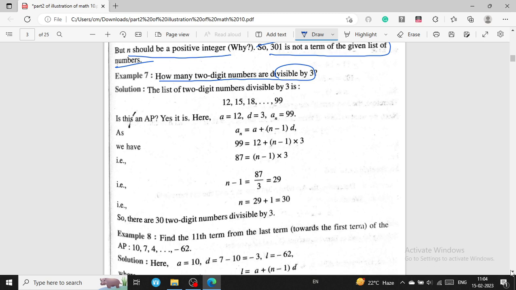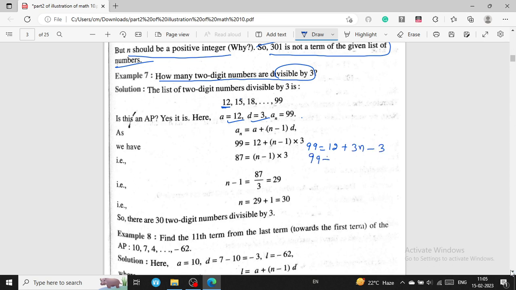First of all we take a is 12, d is 3 since 15 minus 12 is 3, and an is equal to 99. an is equal to a plus (n minus 1)d. an is 99, a is 12, n we have to find out, d will be 3. So 99 is equal to 12 plus 3n minus 3.